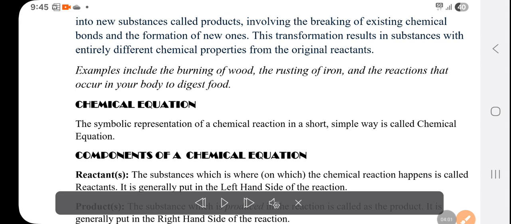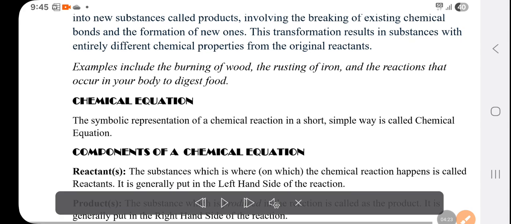When iron is rusted, it becomes weak and reddish in color with a different chemical composition. And also, HCl, that is hydrochloric acid, inside the stomach helps in digestion and helps to get rid of the germs. It is also a chemical reaction.